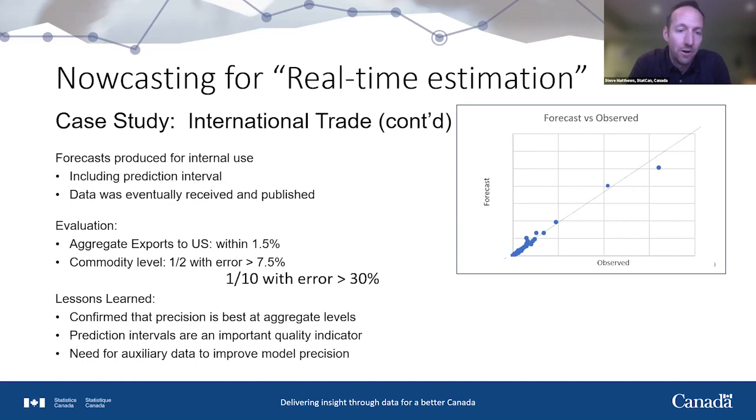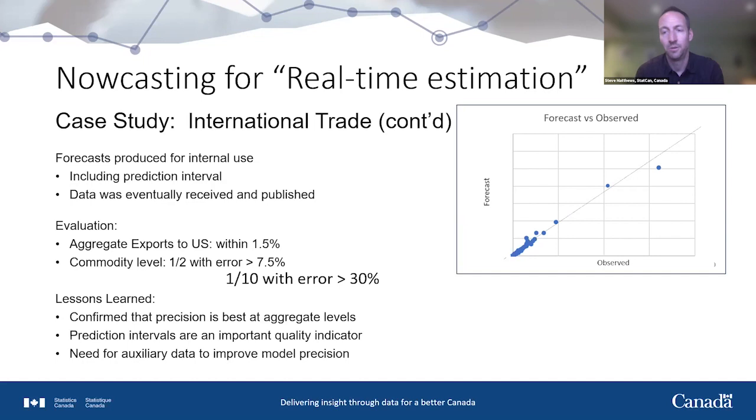Overall, we felt like at the aggregate level, the precision was pretty good and the forecasts were useful. As you got down to more detailed levels, we felt like it was important to take into account the confidence interval because they weren't as precise. And if we wanted to make them more precise, the key would be picking up some kind of auxiliary data to use in our models that would signal maybe a stronger than expected or weaker than expected movement.